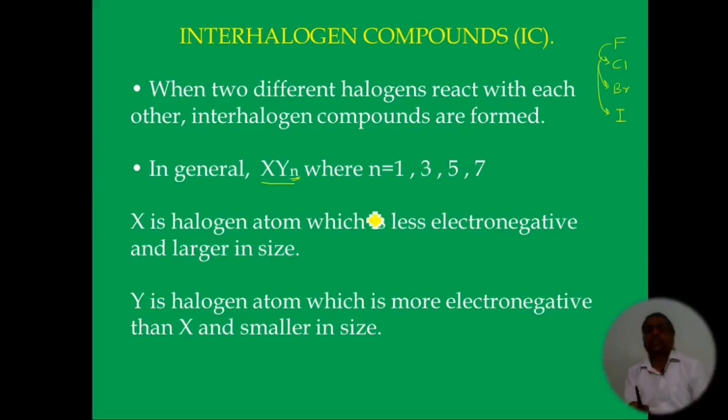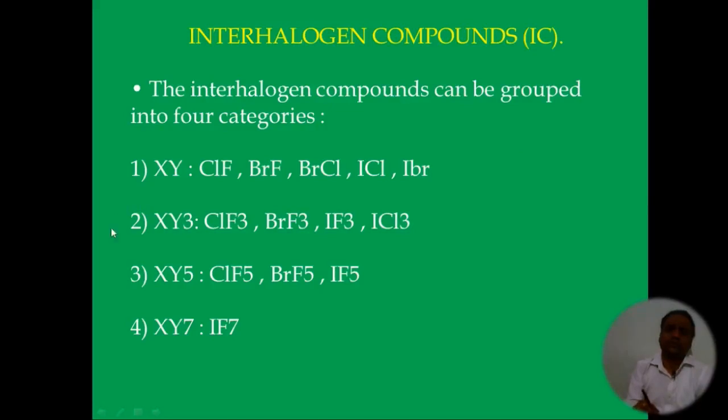Interhalogen compounds are of four types depending upon the number of Y's.